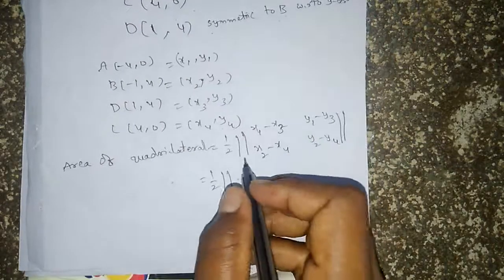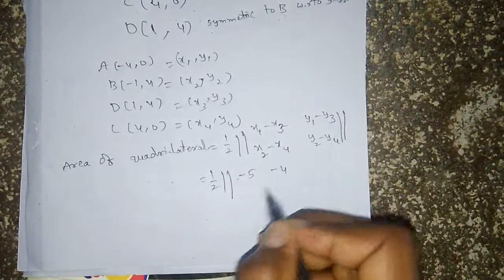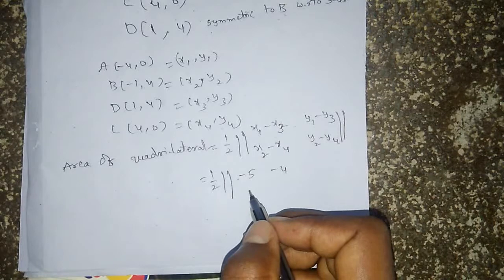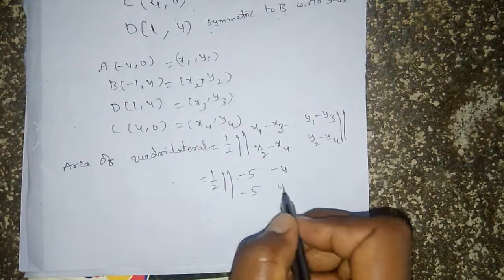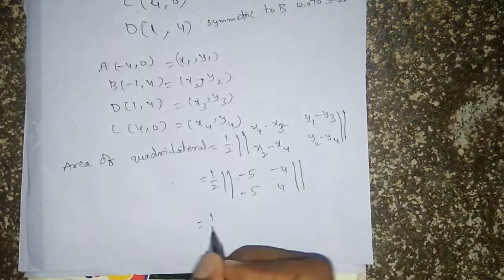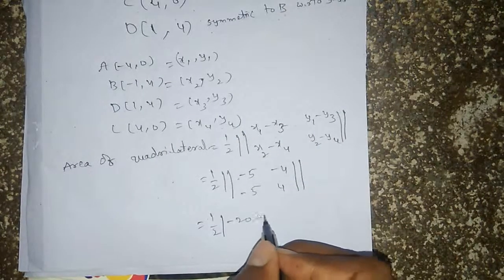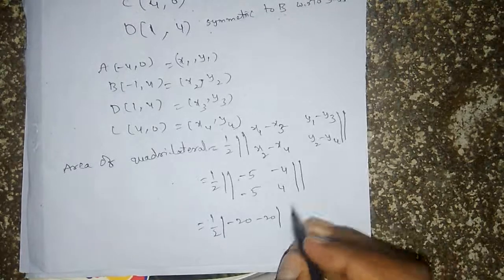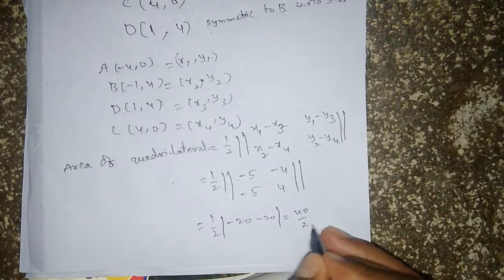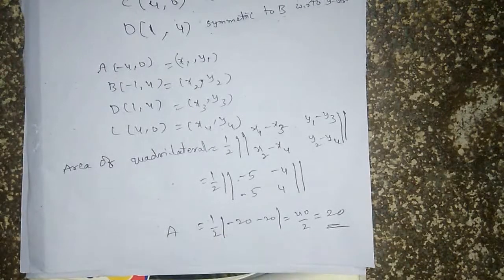This is x1 minus x3 is minus 5, y1 minus y3 is minus 4, x2 minus x4 is minus 5, 4 minus 0 is 4. This is half mod minus 20 minus 20, that is 40 by 2, that is equal to 20 square units is the area of the quadrilateral.